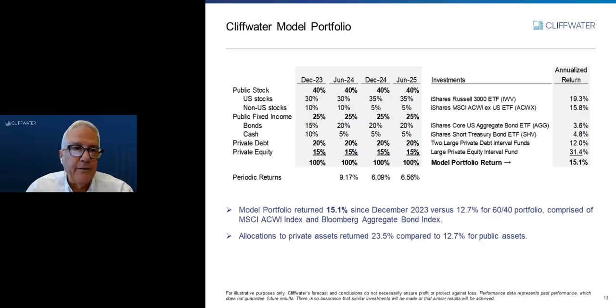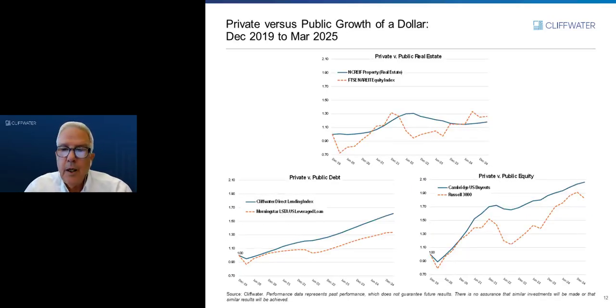Let me go back there if I could. My previous slide showed private versus public real estate. Basically, we've reversed. We were very concerned a few years ago because private values were way above public values. That reversed a couple of quarters ago, and now we have public values above private real estate values.